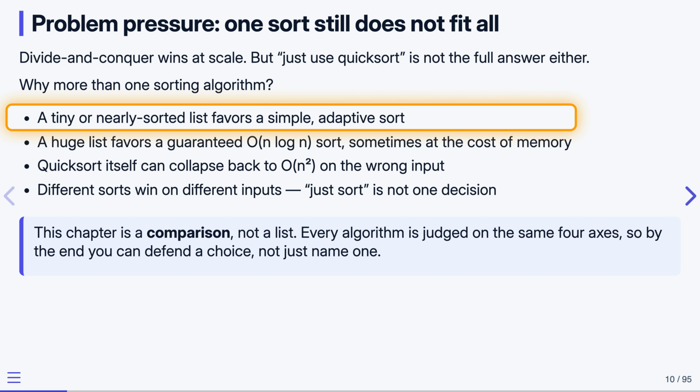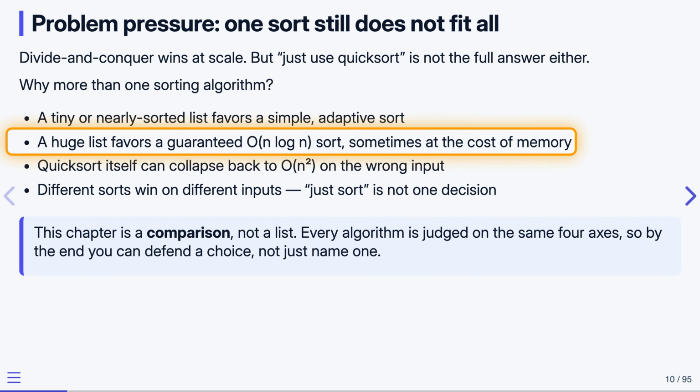A tiny or nearly sorted list favors a simple, adaptive sort. Adaptive means it runs faster when the input is already close to sorted. A huge list favors a sort with a guarantee of big O of n log n, and sometimes you pay for that guarantee with extra memory.